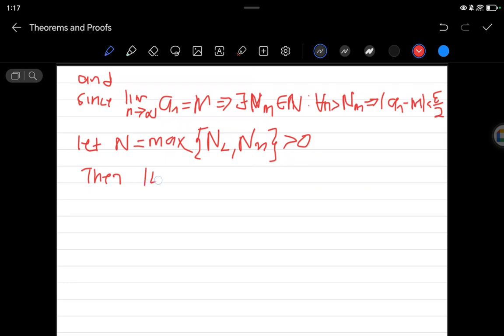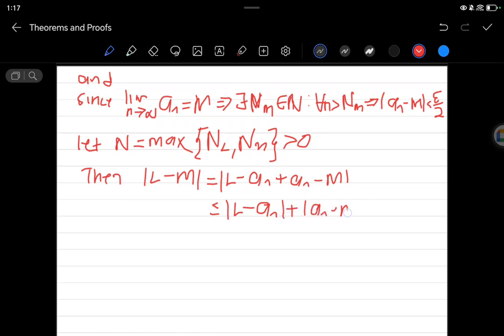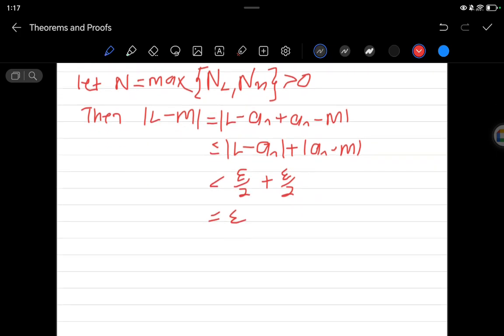For me to show that they're equal, I must subtract this and arrive at epsilon. Then the absolute value of L minus M equals L minus a of n plus a of n minus M. By the triangle inequality, we'll have this, and we know that this is less than epsilon over 2 plus epsilon over 2, which is equal to epsilon.